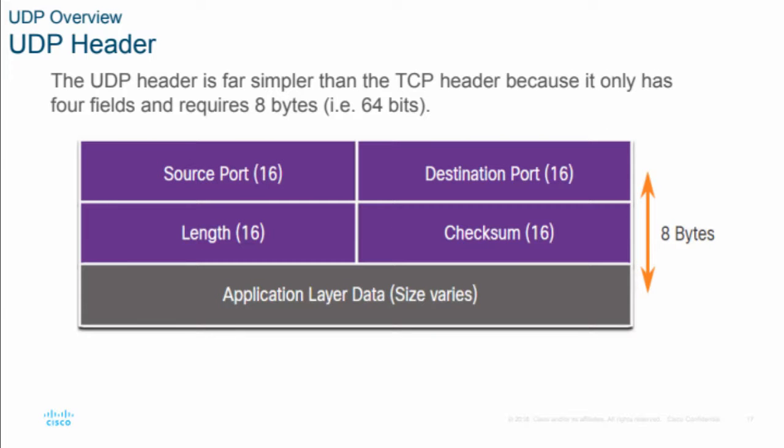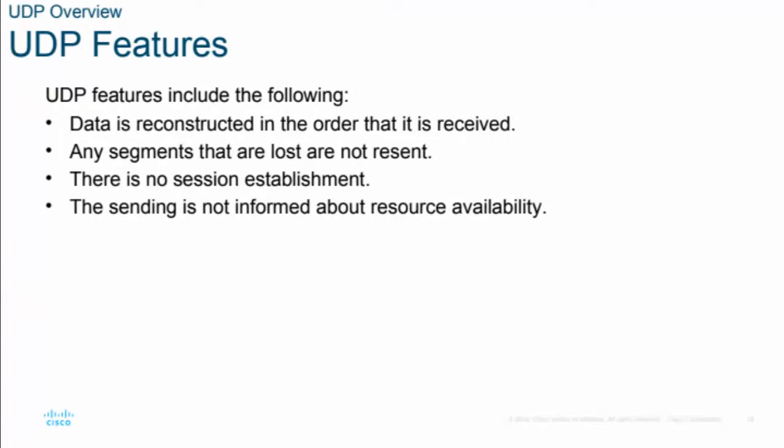You see the header of the UDP is much smaller. It only has source port, destination port, the length, and checksum. There it was 20 bytes. Here it's only 8 bytes.